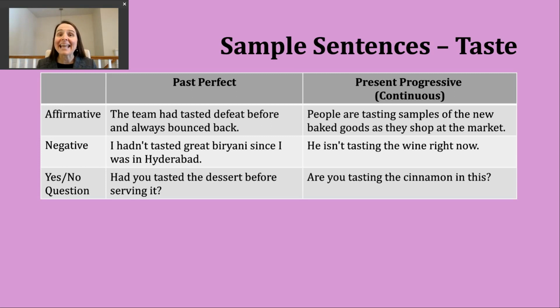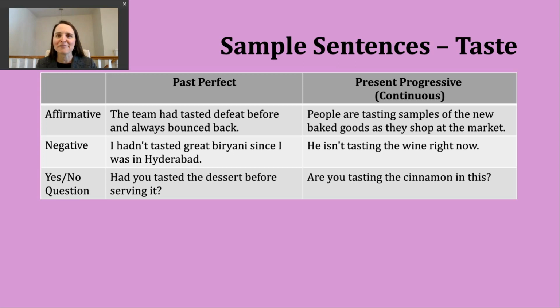If I want to make a negative past perfect sentence, what I'm going to do is start with my subject, then I use had not, or the contraction hadn't, and then the participle form of the verb. Here's another example. I hadn't tasted great biryani since I was in Hyderabad. Okay, and this is also a true sentence.